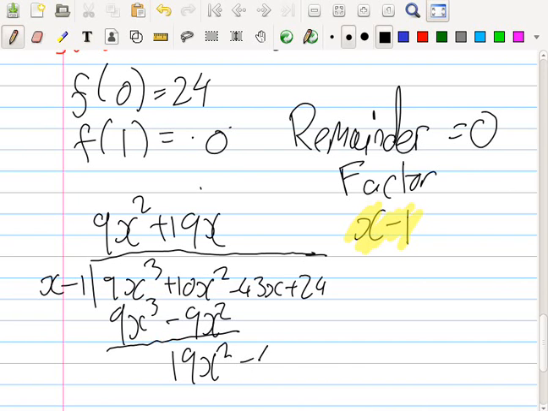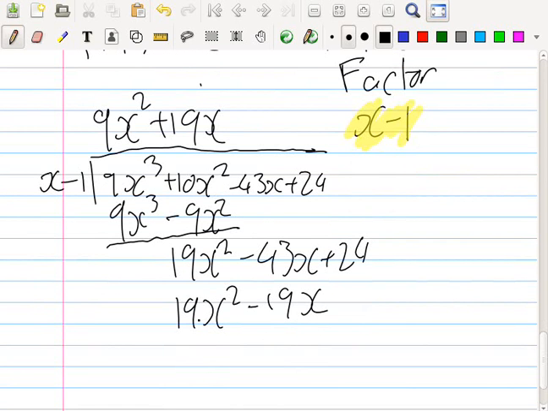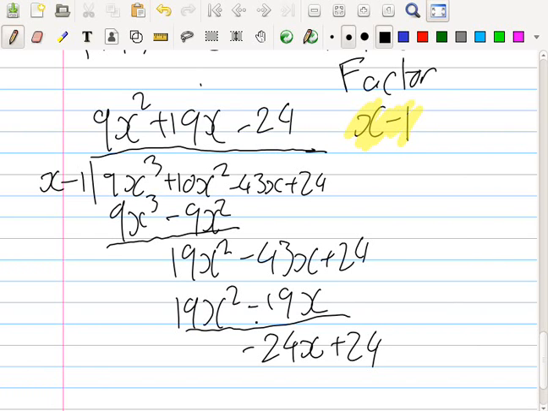Don't forget to carry those down. Okay, 19x squared minus 19x. So I subtract, what do I get? 24x, right? Minus 24x plus 24. Is that right? Because then I would just finish here with minus 24, which makes 0.